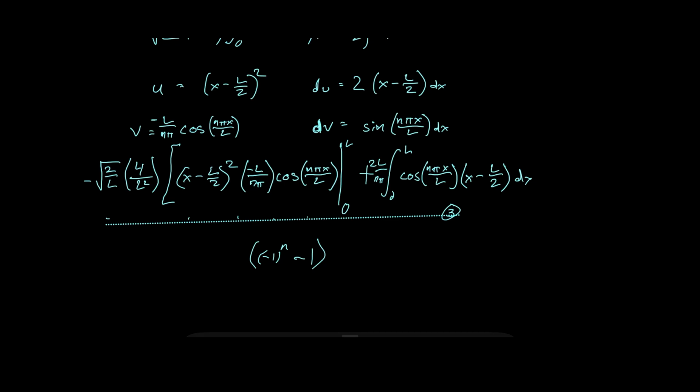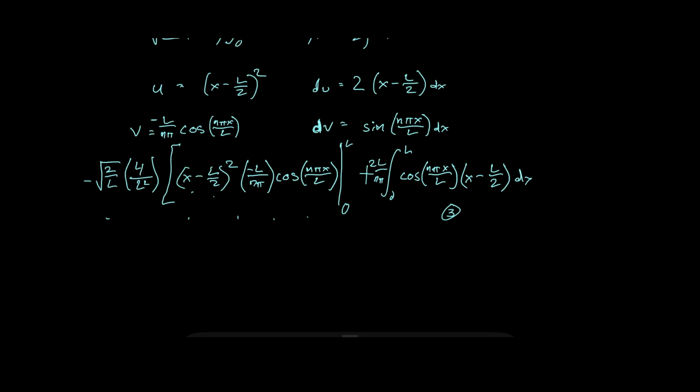But when this is L, we get L squared over 4. When this is 0, we get L squared over 4 again. So we get twice L squared over 4. Let's just write it all out, okay?